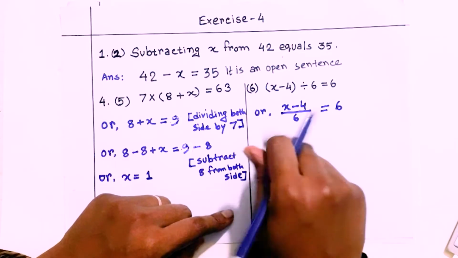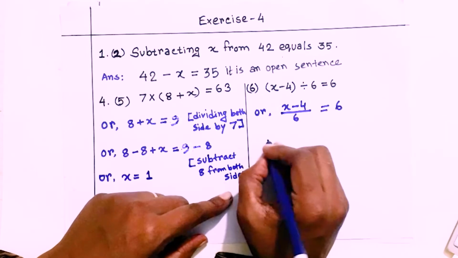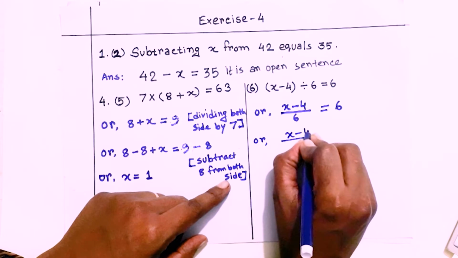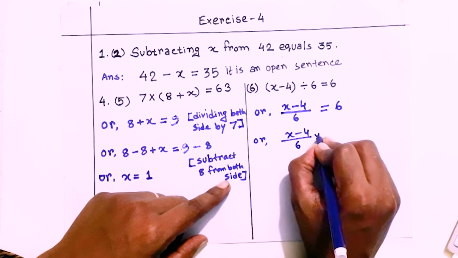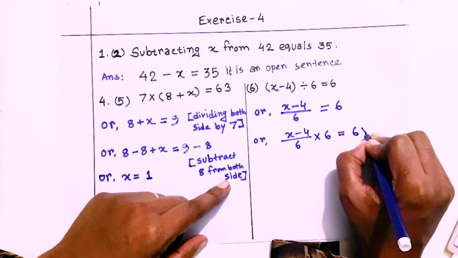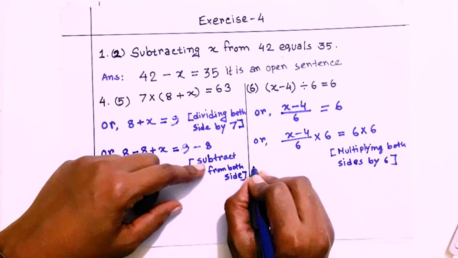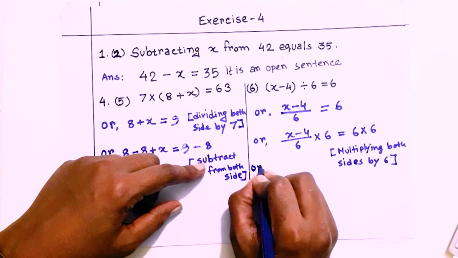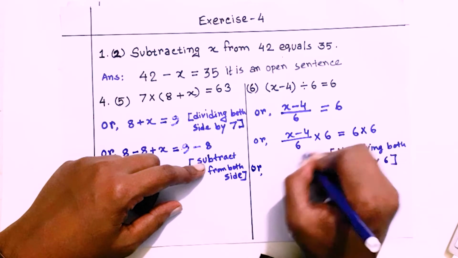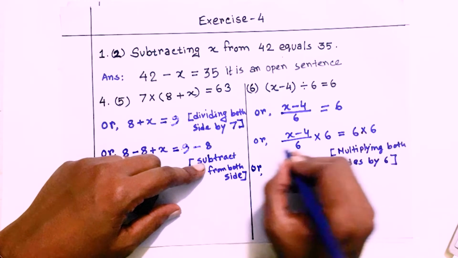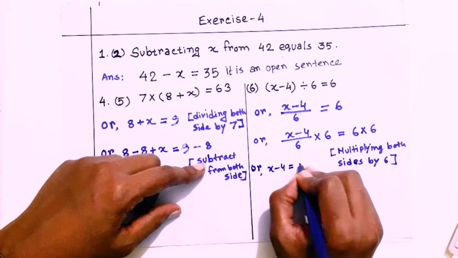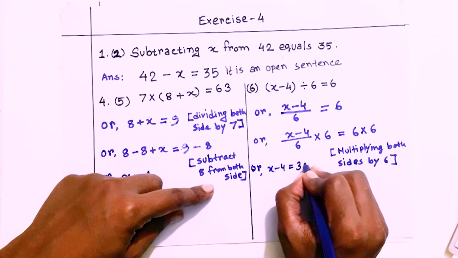We can write it this way. Now multiplying both sides by 6, x minus 4 divided by 6 multiplied by 6 is equal to 6 multiplied by 6. Here this 6 and this 6 we will cancel. So here x minus 4 is equal to 36.